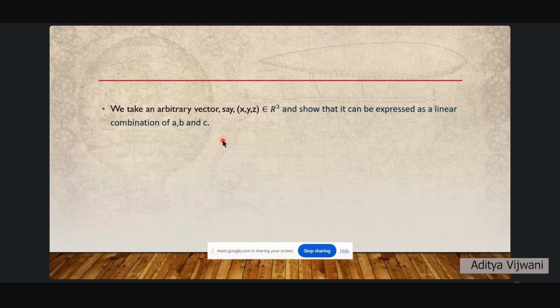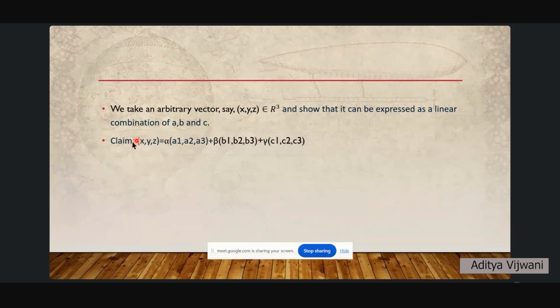And rightly so, my claim will be that I take any vector (x, y, z) in R3 and it can be expressed as a linear combination of the three vectors (a1, a2, a3), (b1, b2, b3) and (c1, c2, c3), where alpha, beta, gamma are from the real line.